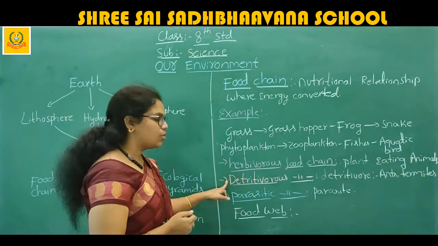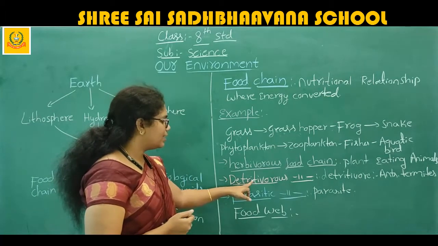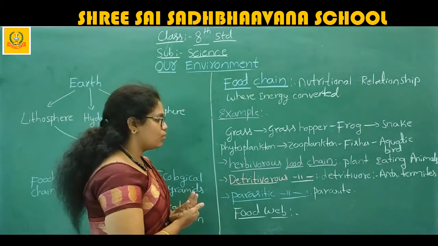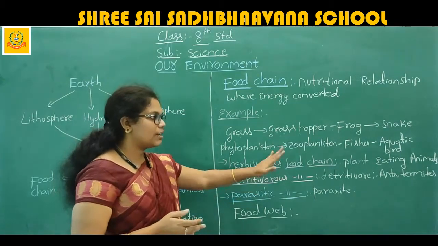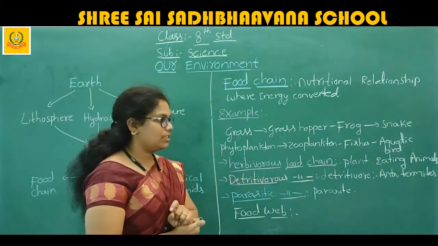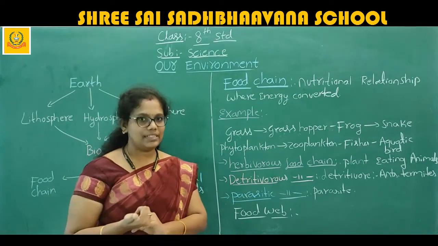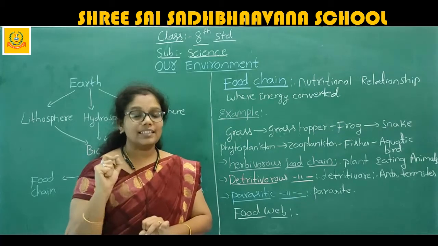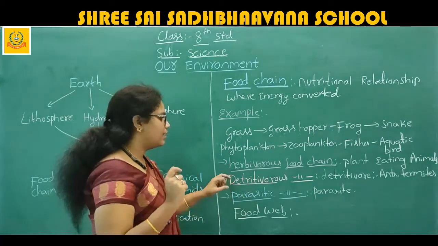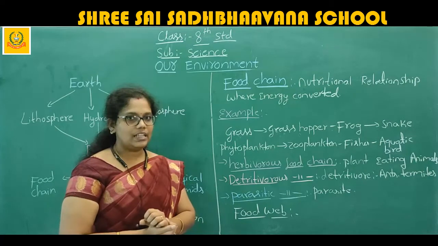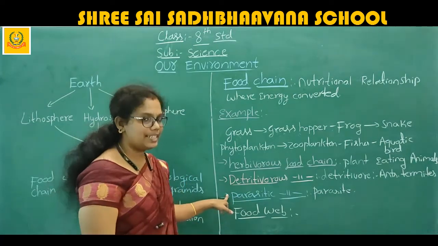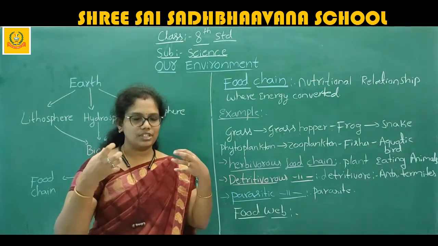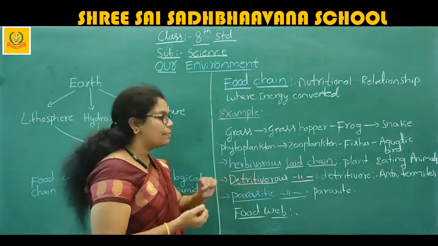Okay. Next, we are going to study detritivorous. What are these detritivorous? Animals which depend on detritus, like ants, termites. It depends upon only small organisms. That type of animals are known as detritivorous. And the next one, parasitic. What does parasitic mean? Here, the first stage of the consumer should be the plants.